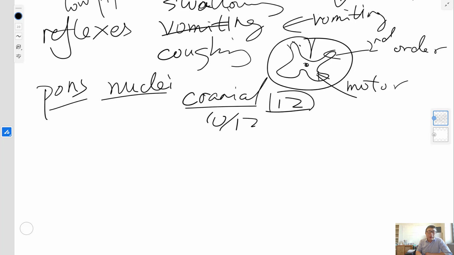But anyway, in the pons, most of those nuclei are actually associated with the cranial nerves. For example, some of those are facial sensing, movement, etc. Yeah, let's move on.